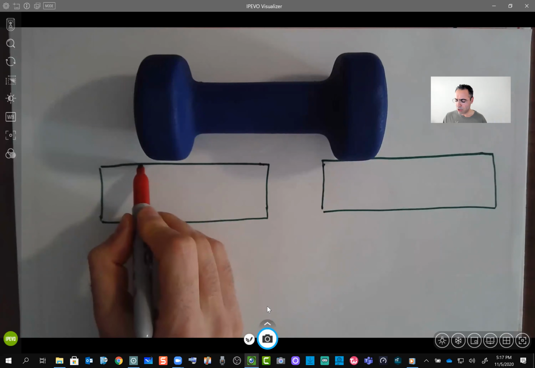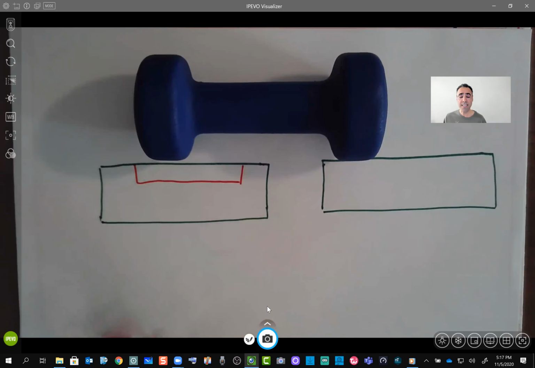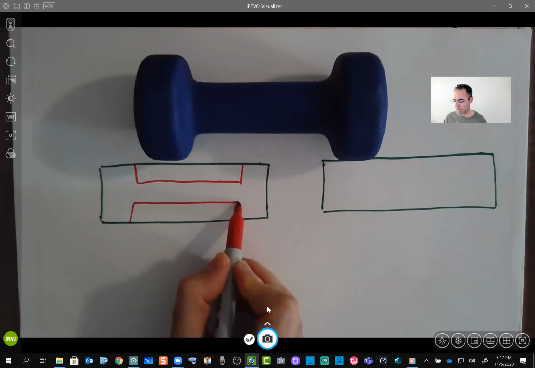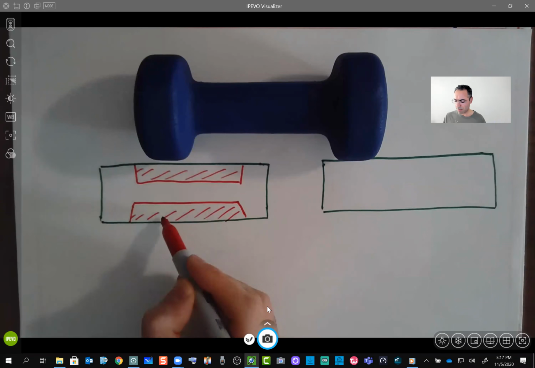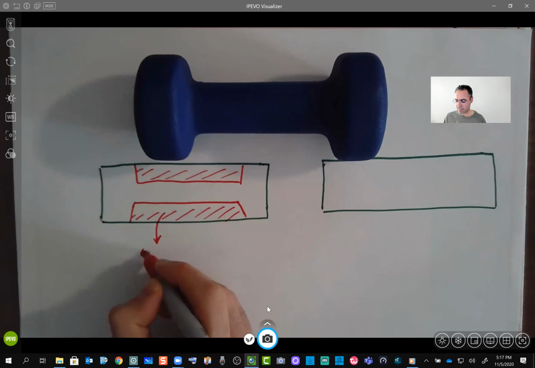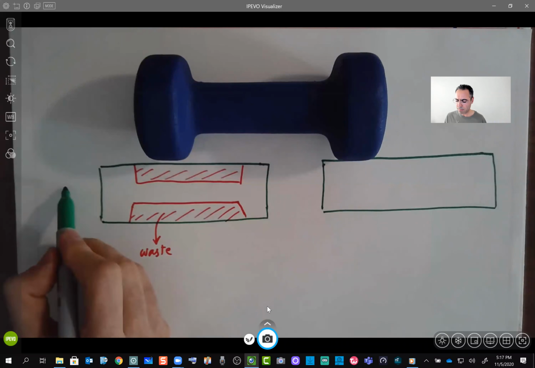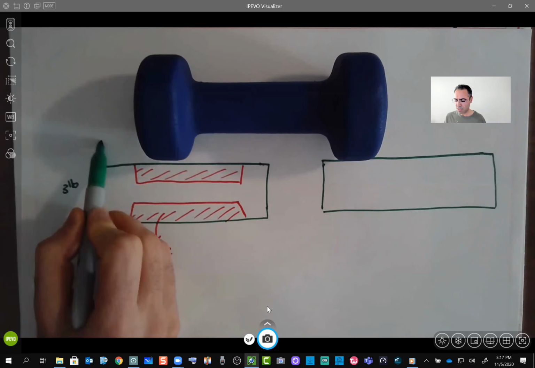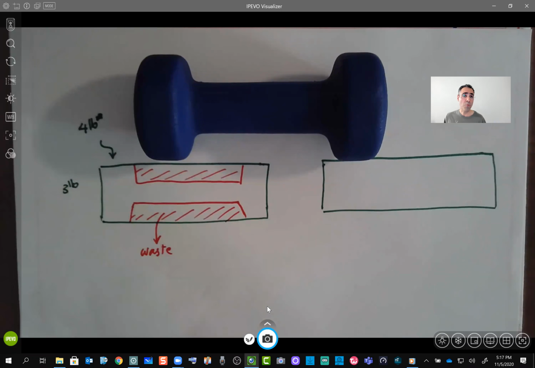We can easily put this cylindrical shape on a lathe and remove material to make this dumbbell, right? So I remove this portion, and if I'm removing this portion, it means it is waste. I have to throw it away, or of course we recycle it. So if I'm making a 3 pound dumbbell, my initial material probably has to be 4 pounds, because we are getting rid of 1 pound here.